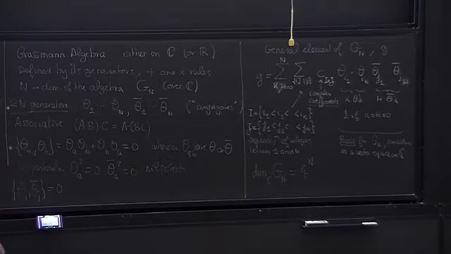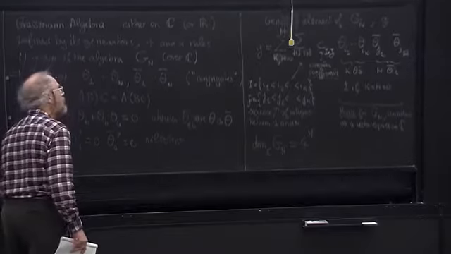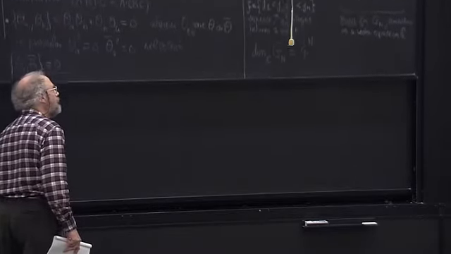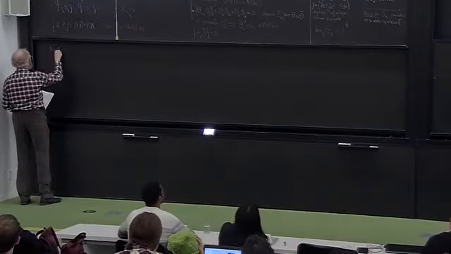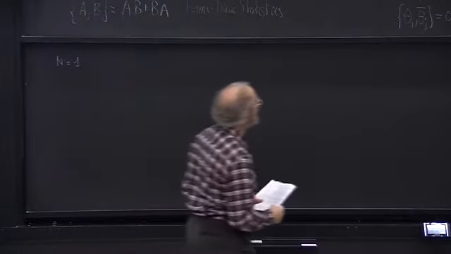Because, for instance, let's consider the case n equals 1. We have two generators, theta and theta bar.